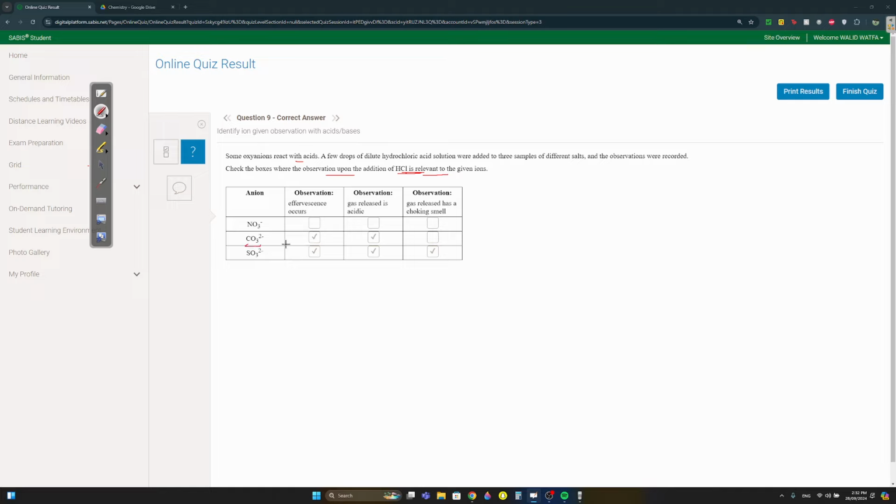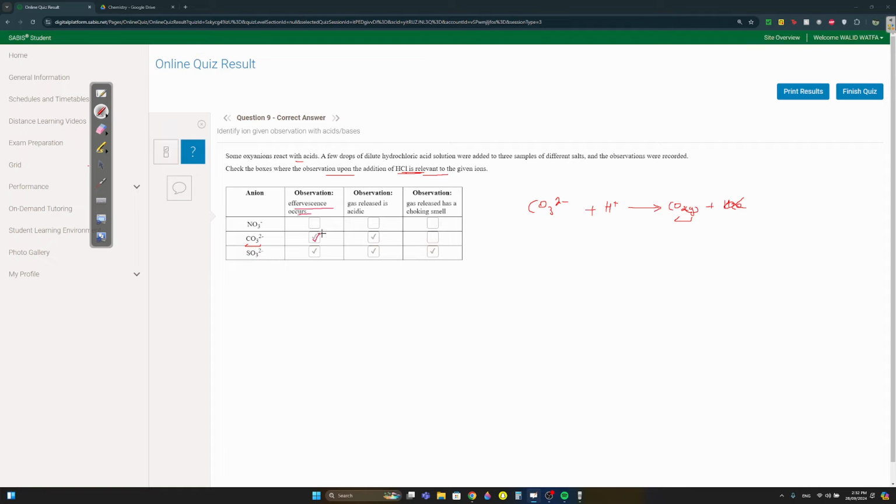CO3 2 minus, the carbonate. For carbonate, we add an acid, any acid. Whenever you're adding an acid, by the way, we represent it by H plus. You get CO2 gas, and I think it was water, but we don't care about the water. What we care about is the carbon dioxide.